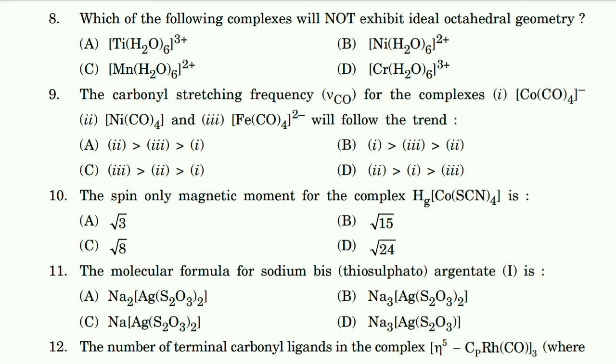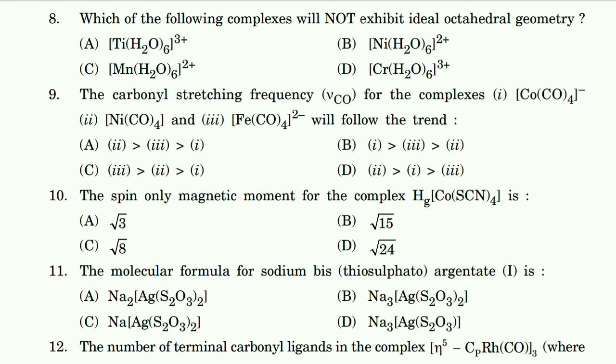As the negative charge on the central atom increases, the pi back donation from metal to carbonyl ligand increases. Because of that the carbonyl stretching frequency decreases. So [Fe(CO)4]2- has the most negative charge on Fe, so it has the greatest back donation. That means the lowest carbonyl stretching frequency is for [Fe(CO)4]2-, that is option 3 having the lowest.